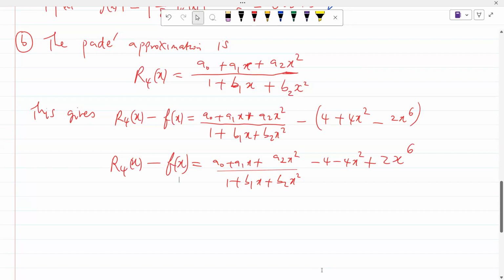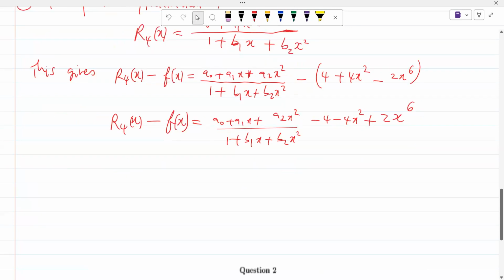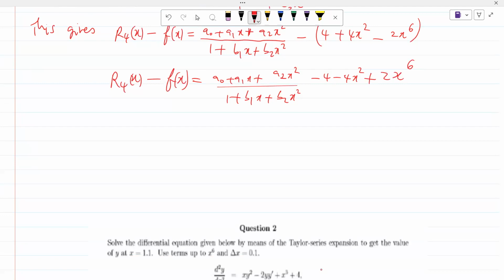So now we perform this subtraction. We cross multiply these things.